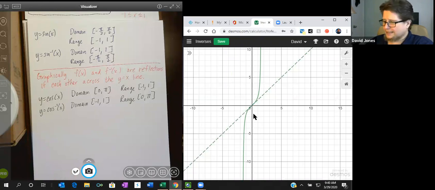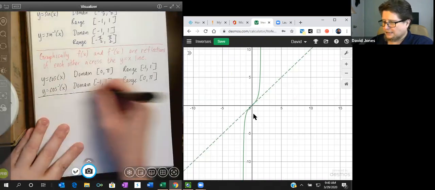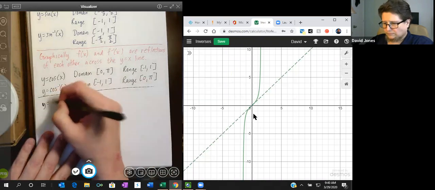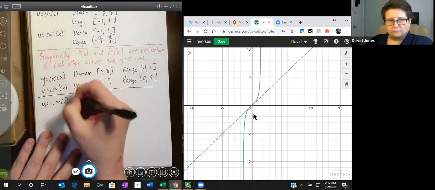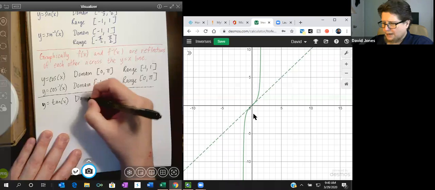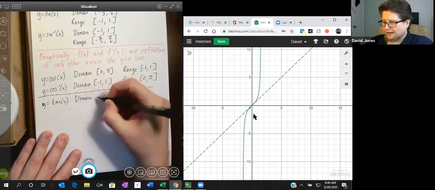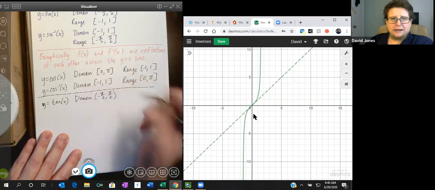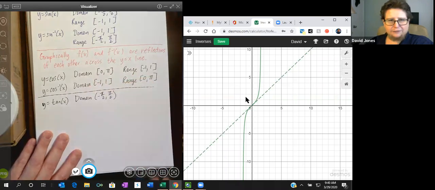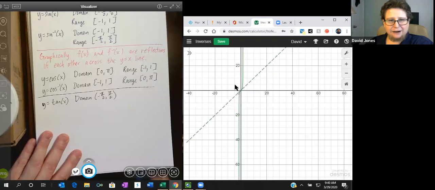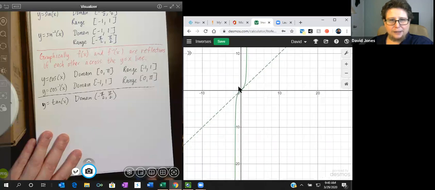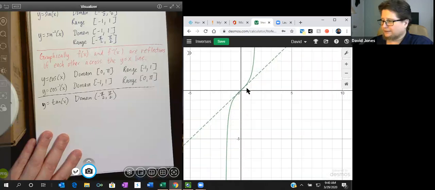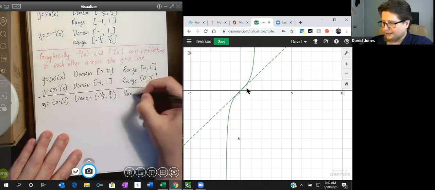So if we look at tangent, our domain, we couldn't have pi over 2 or negative pi over 2, but we had all the values in between. And the range on it, if we keep zooming out, it keeps going up and up and up, or down, down, and down. The range is -∞ to infinity.